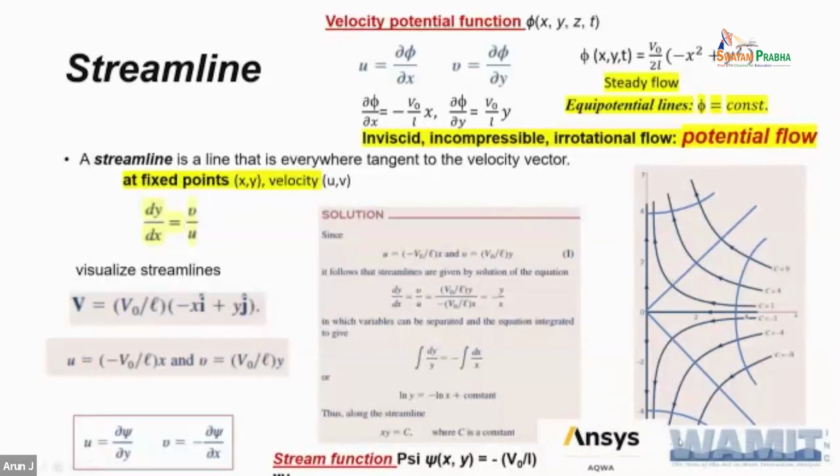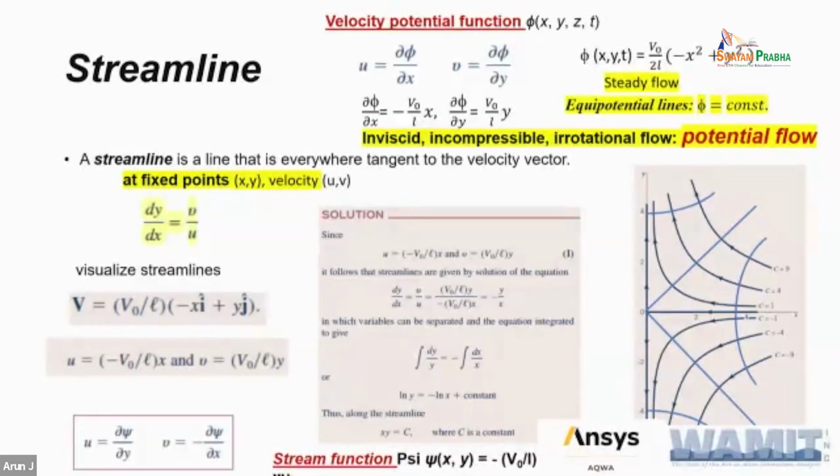WAMIT is software developed by MIT, so WAVE MIT, WAMIT. If you have a buoy in the ocean, this software can solve the potential flow function. Later we're going to talk about wave structure interaction, in which you will understand what WAMIT calculates: added mass, radiation damping, and excitation force.